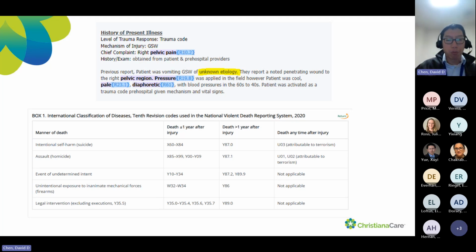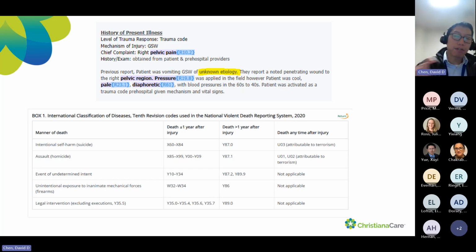It has to be something where it was clearly unintentional, like you were cleaning your gun or someone was cleaning their gun and the gun accidentally, unintentionally went off and then you were injured. If it was wrong place, wrong time, and you were injured, that should be classified as assault unless you could clearly identify it another way.